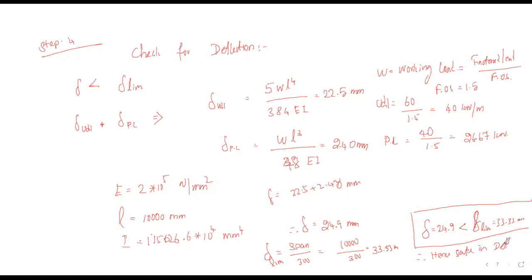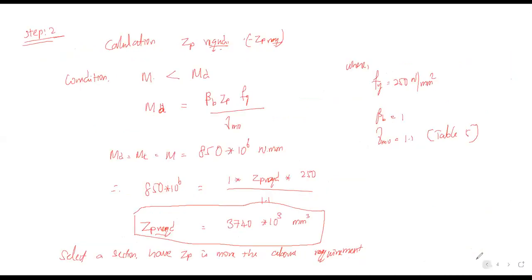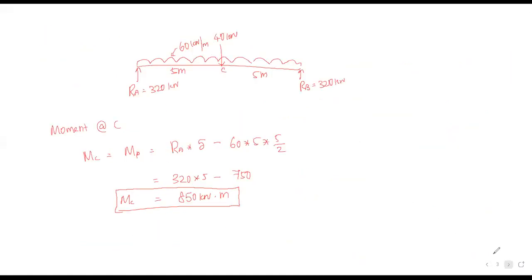So if we go with the section ISWB 600, then all the criteria are satisfied: our moment transfer is safe, shear transfer is safe, and deflection criteria is also safe.